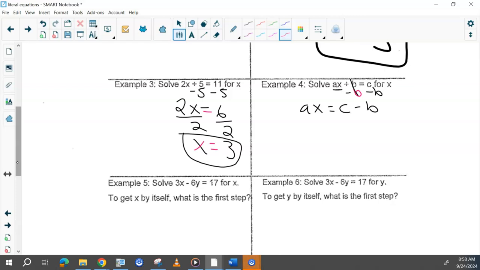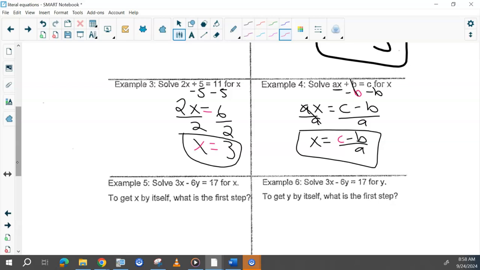And then divide both sides by a. So our answer is x equals c minus b over a. Questions there?